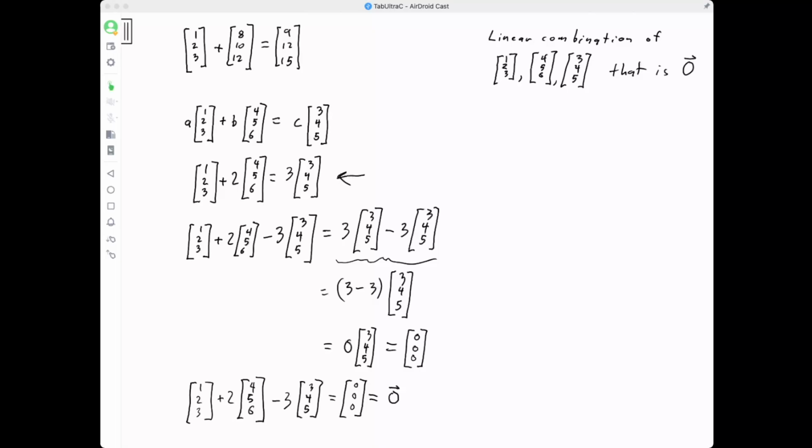And if I can build a linear combination of vectors and get the 0 vector, we say that that set of vectors are linearly dependent.